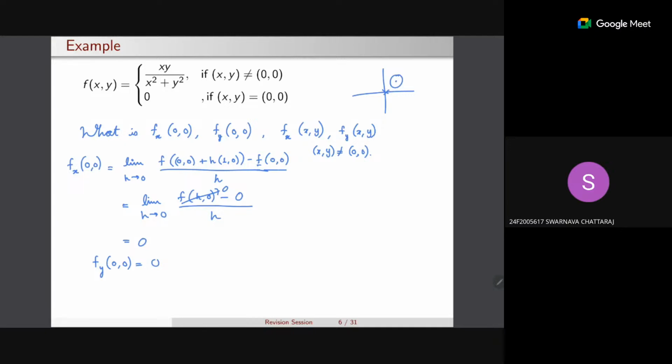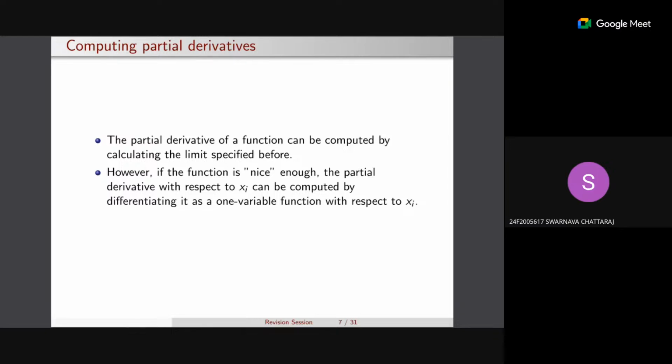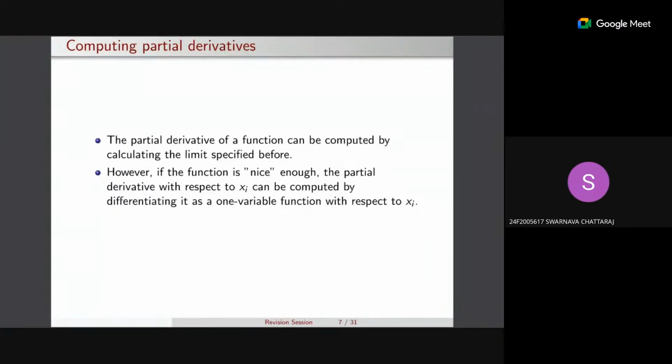That is what I mean by nice enough. Such different behavior does not happen; it's not like a piecewise function. In that case, you can compute the partial derivative by differentiating it as a one variable function with respect to xi. What do I mean by that?